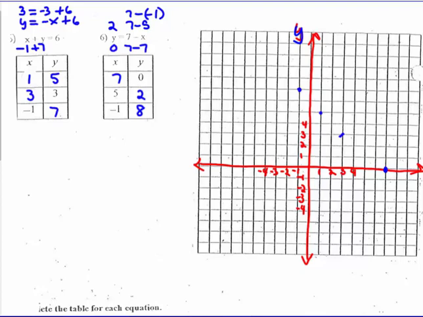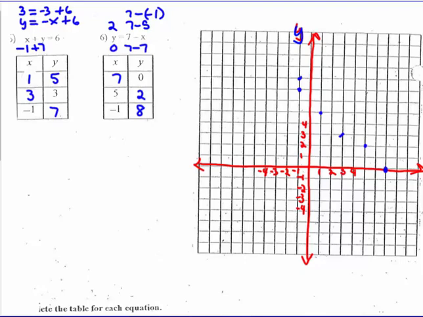7, 0 is the point for number 6. When x is 5, y is 2. And when x is -1, y is 8. Both of these have a negative slope.